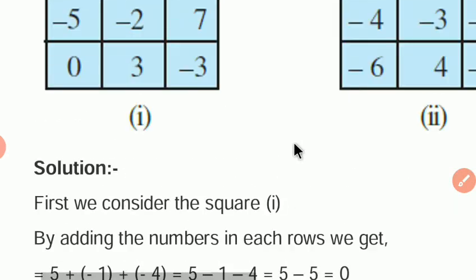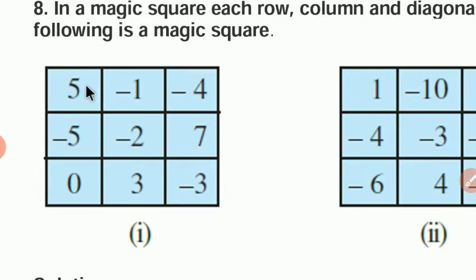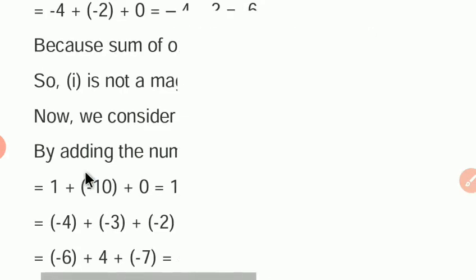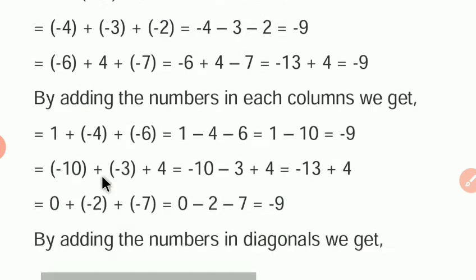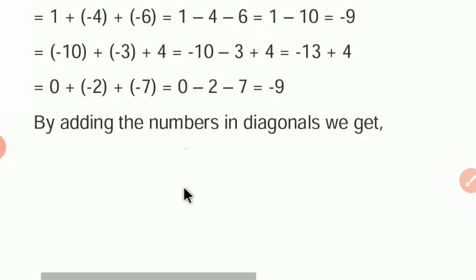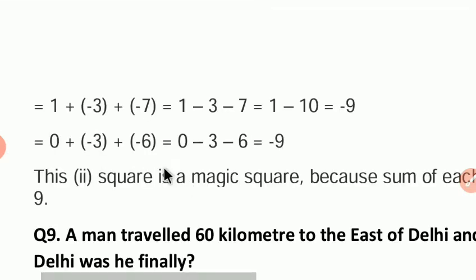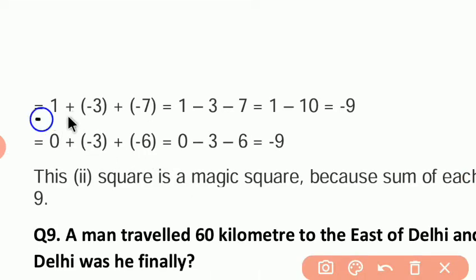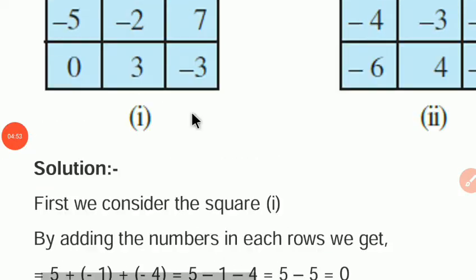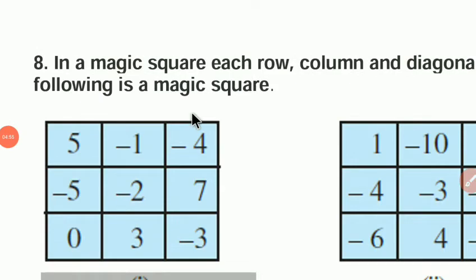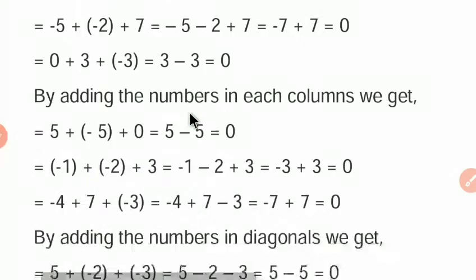Now we have to check the sum of each diagonal, meaning 5, minus 2 and minus 3, and the second diagonal is minus 4, minus 2 and 0. So let us see. By adding the numbers in the diagonals, we can see minus 4, minus 2 and 0.